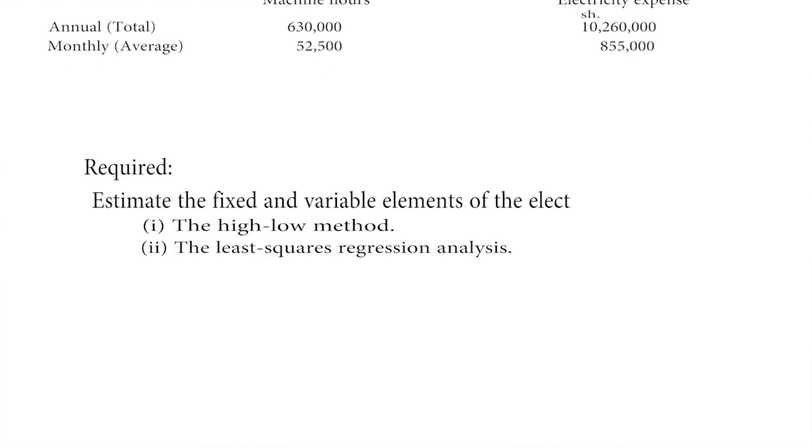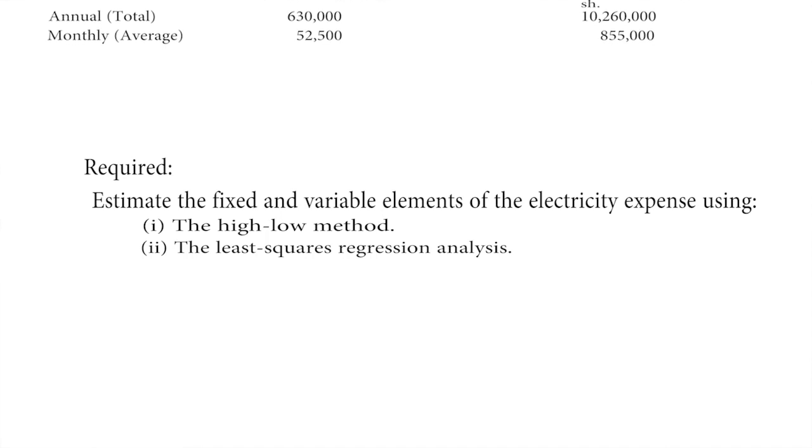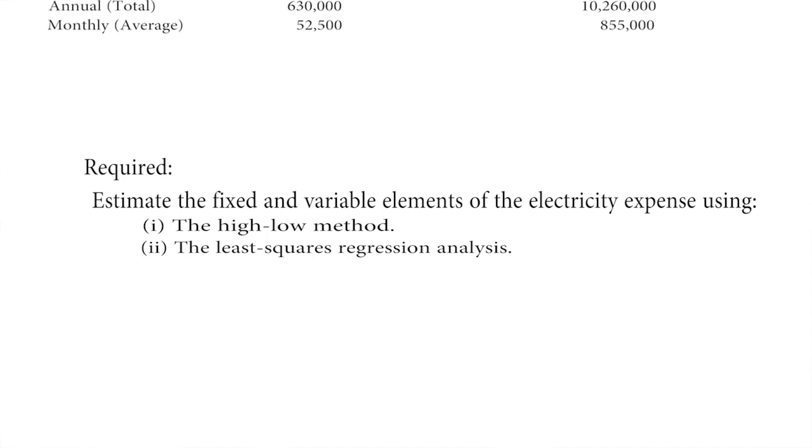Then required, estimate the fixed and variable elements of the electricity expense using 1, the high-low method, and 2, the least squares regression analysis. So high-low method and least squares regression analysis. And that is the end of the question.